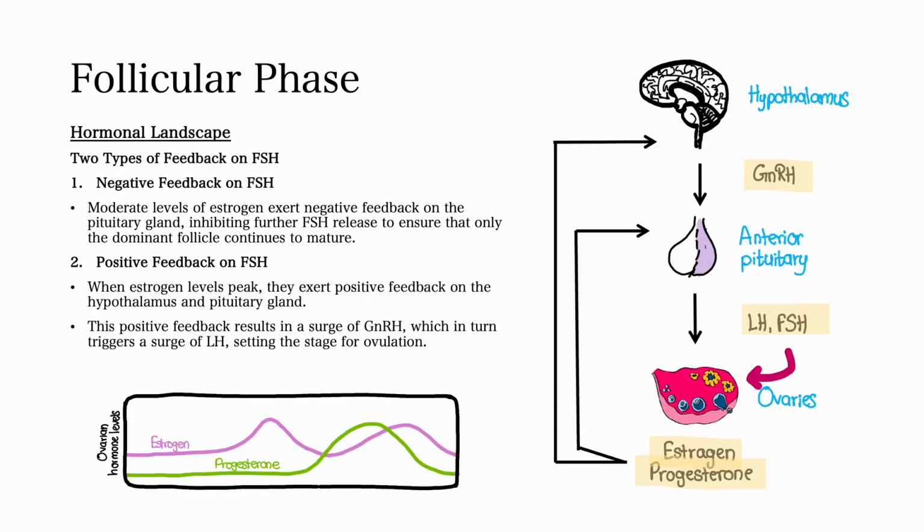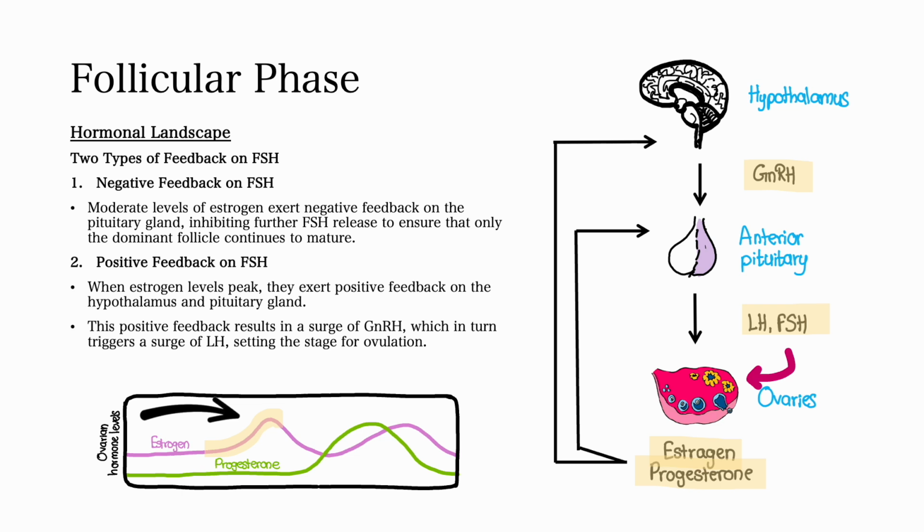It is during this phase that the concept of positive and negative feedback become important. The amount of estrogen determines the type of feedback. Moderate levels of estrogen exert negative feedback on the pituitary gland, inhibiting further FSH release to ensure that only one dominant follicle continues to mature.